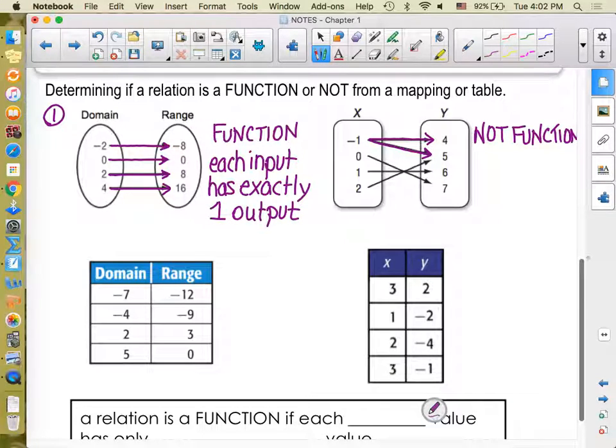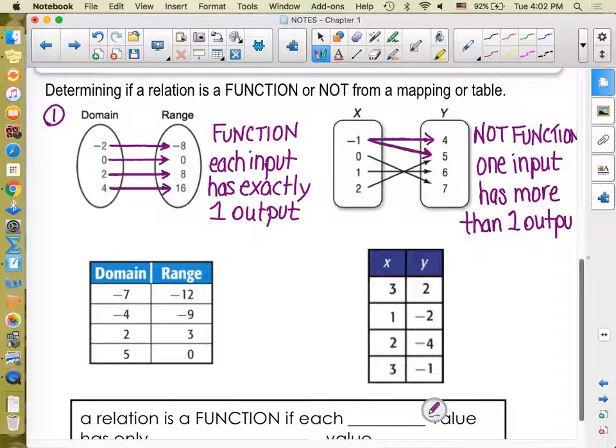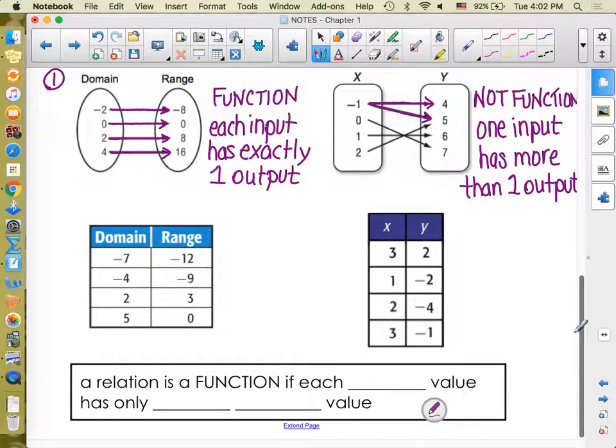And I have that again in some other places, but one input, all it takes is one. One input, that's that -1, has more than one output. Again, pause the video so that this goes in neatly and you have each of these reasons in your notes to come back to.